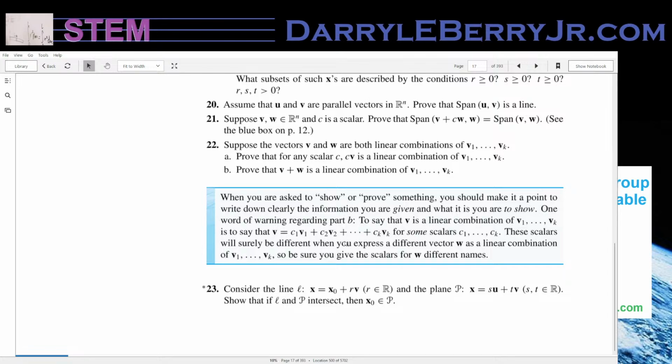And I can subsume whatever that constant is into B. Thus, X0 is in the plane because every single scalar multiple of B is in the plane because the plane is spanned by U and V. So you can say L is also BV, given that B is T minus R.